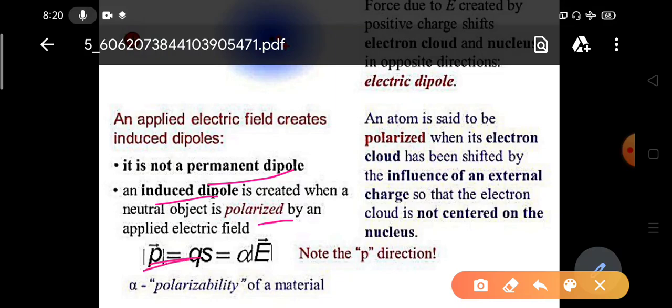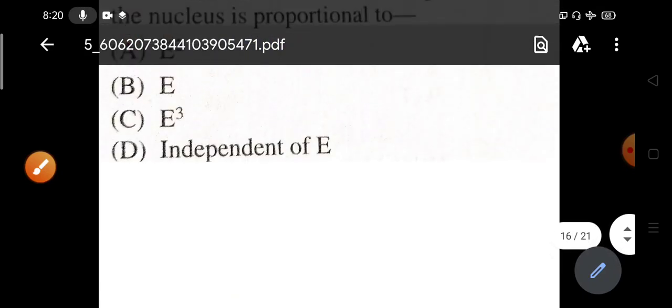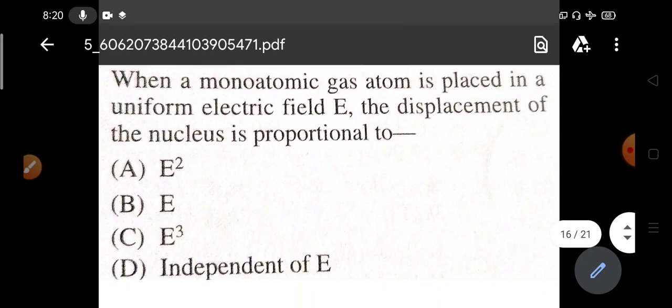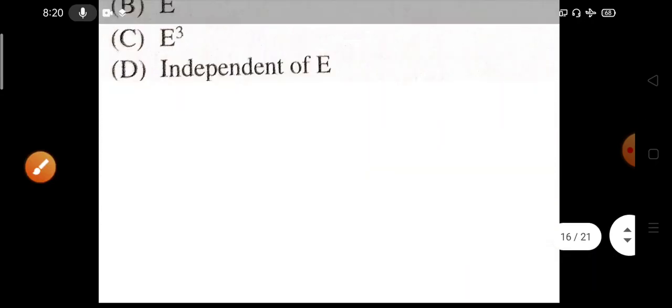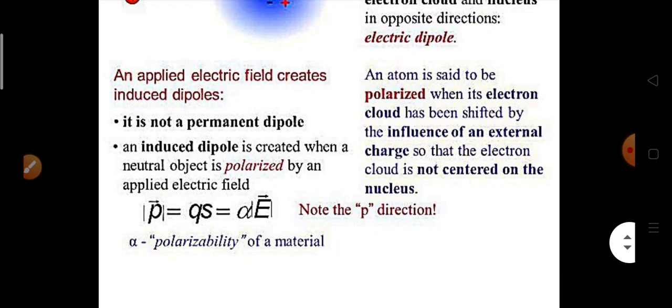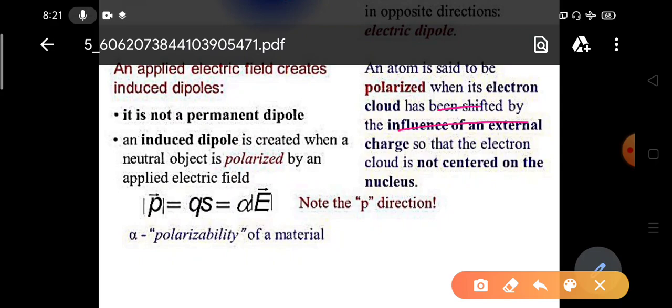So this polarization is directly proportional to the electric field, and the displacement of the nucleus or of the electron is due to the electric field E. It is not due to E square, not due to E cube, and it cannot be independent of E. An atom is said to be polarized when its electron cloud has been shifted under the influence of an external field.